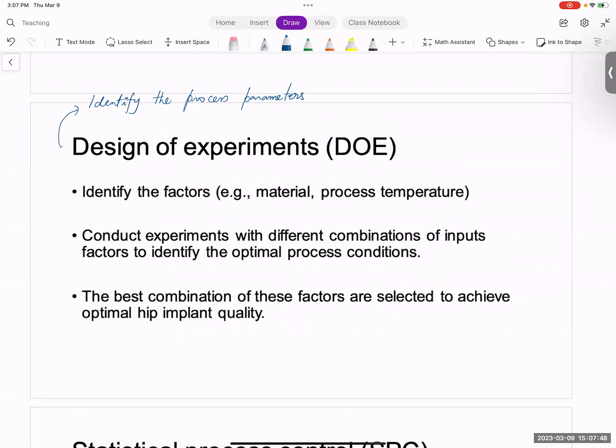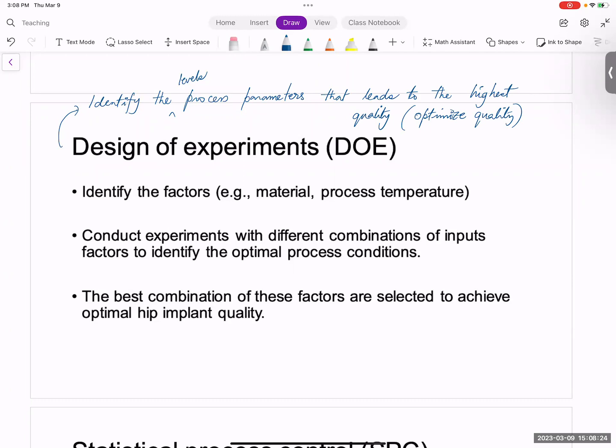Identify the levels, meaning values of process parameters, that lead to the highest quality. In some ways, we basically want to optimize the quality of the part by doing so.